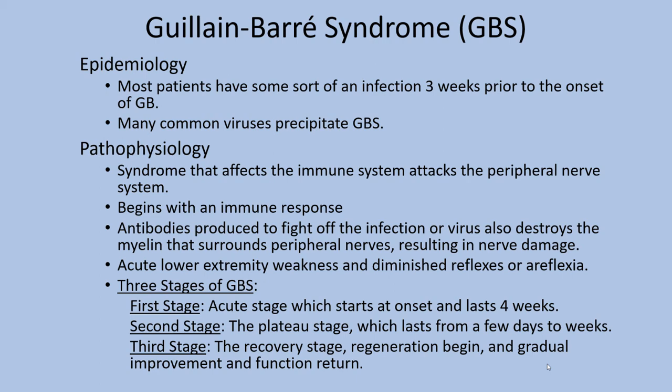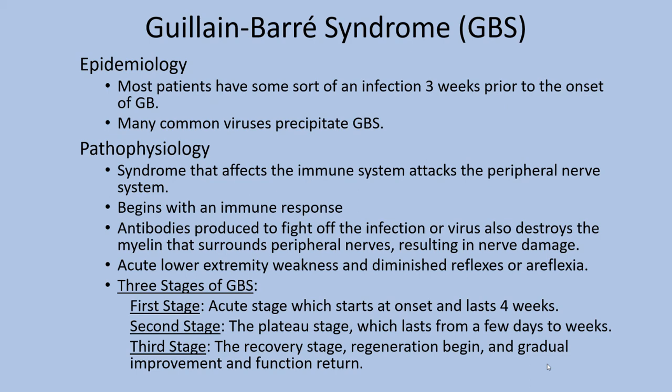It really is the destruction that happens between the nodes on the myelin of the peripheral nerves. So conduction essentially slows and the impulses don't get through. There's a conduction block.